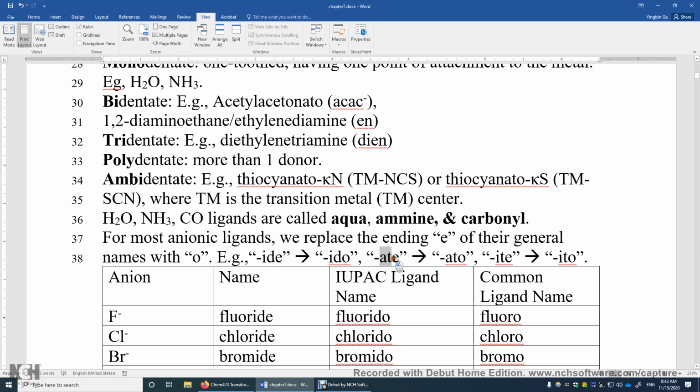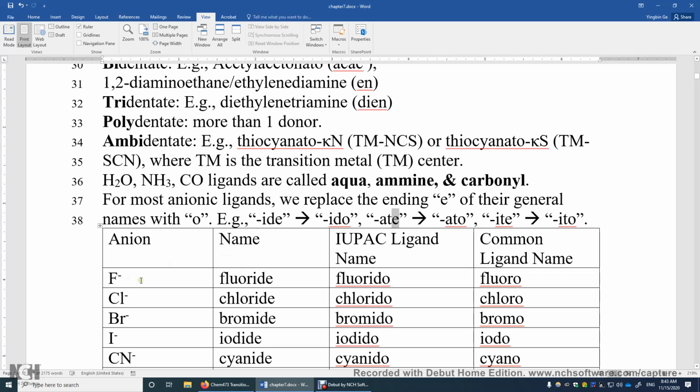Similarly, when you see ATE in the name of oxo anions, you need to replace the last letter E with O. If you see ITE, it becomes ITO. Now, I'm going to give you many examples here. So first, fluorine minus, chlorine minus, bromine minus, iodine minus.